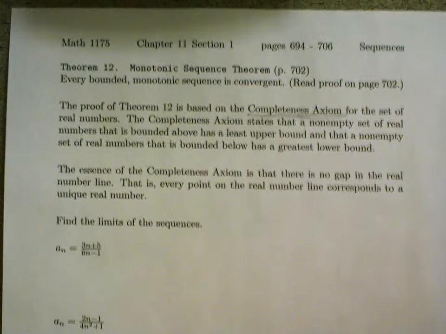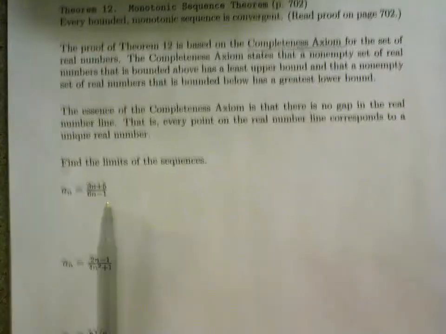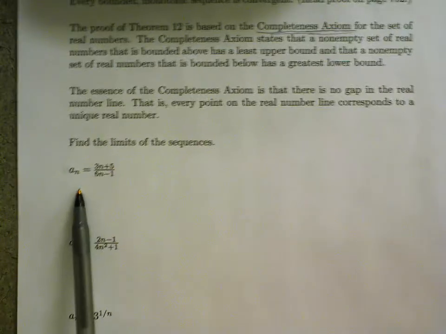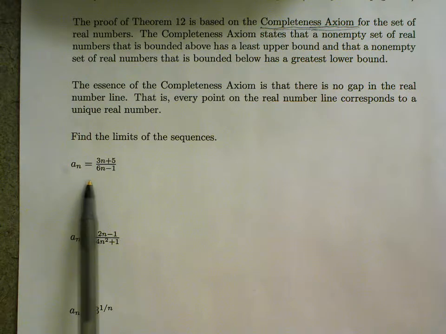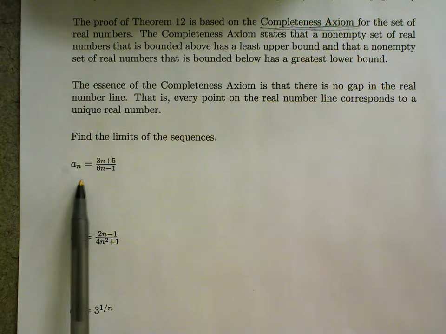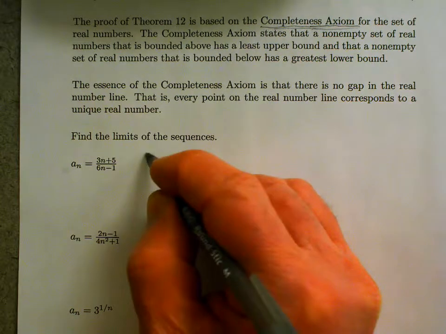Okay, let's look at some examples where we find the limits. Find the limit of the following sequences. So the first one, the nth term, a sub n, is defined as 3n plus 5 over 6n minus 1. So what's the limit of a sub n as n approaches infinity?